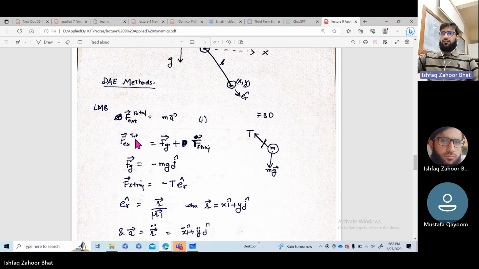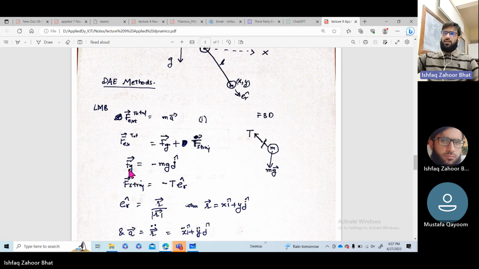And what is F external total? It is nothing but the gravitational force and the string force. The string is applying the force in this direction, and the gravitational force in this direction. These are the two external forces on this mass. See, I am taking the mass as my system, and then everything else is external force to this mass. So it is gravitational force plus string force.